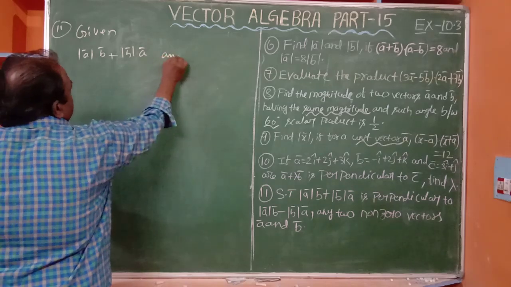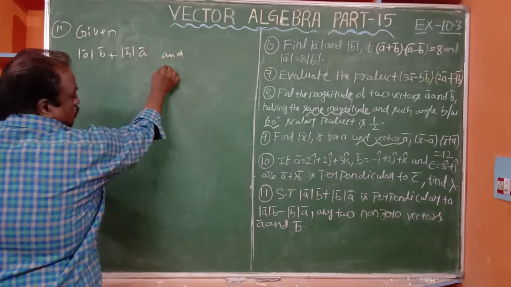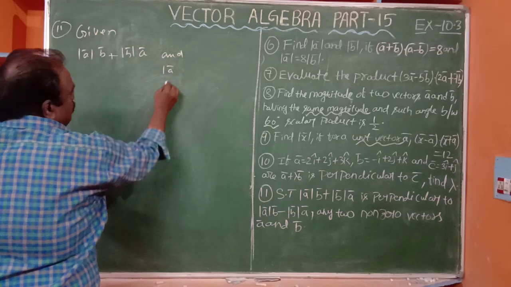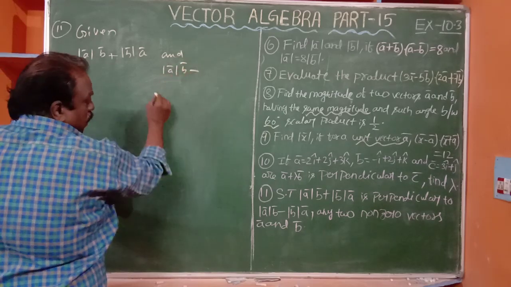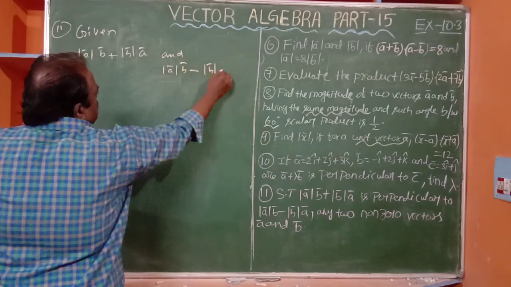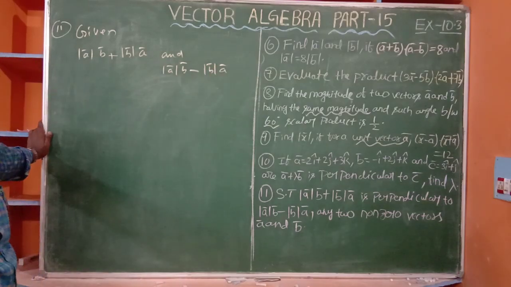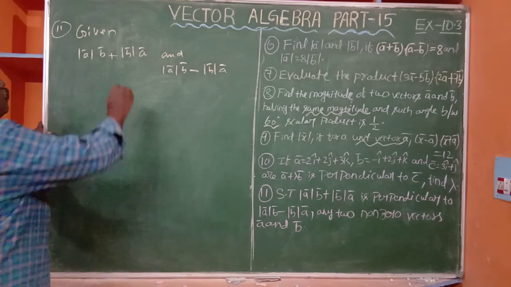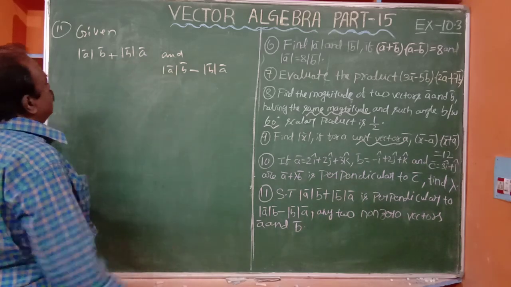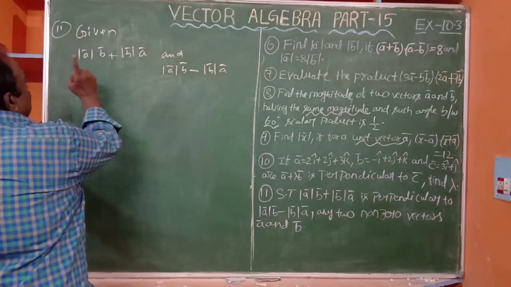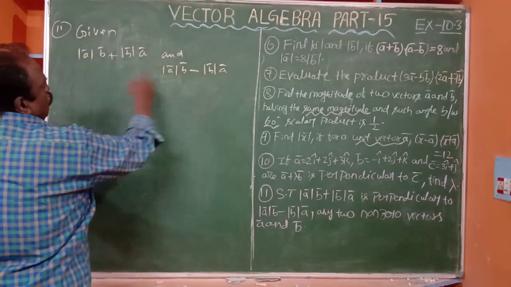That is mod A bar B bar minus mod B bar A bar, two vectors. Given the sum and difference of two vectors, we have to show that they are perpendicular.